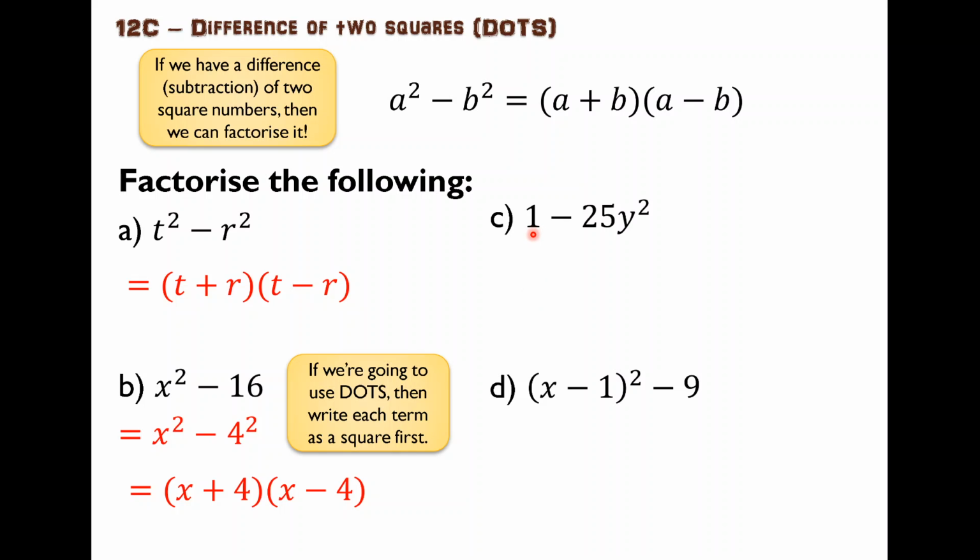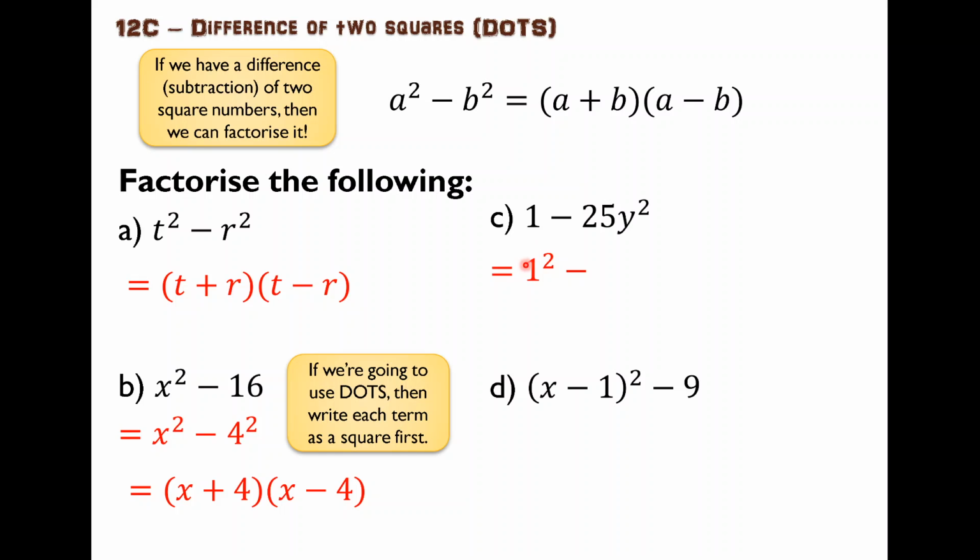Anyway, here I've got 1 take 25y squared. Now, I really want this first thing to be something squared. Is 1 a squared number? Can I write 1 as something squared? 1 is 1 squared. 1 squared is 1, right?